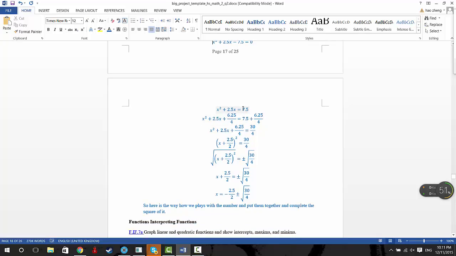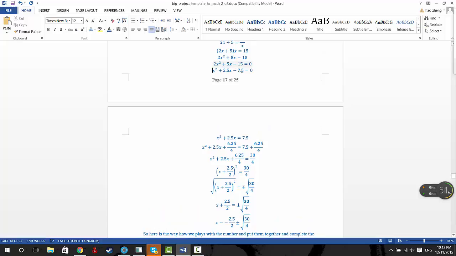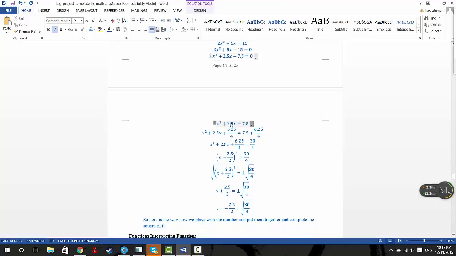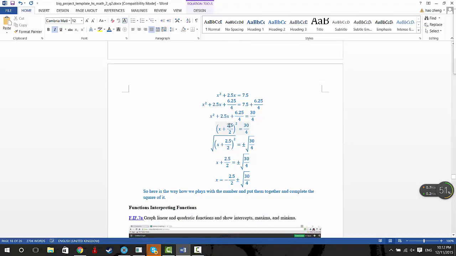So we move this thing to another side, and get 2.5 over 2 squared, to the power of 2. We'll get this and add it on both sides, and then we want to get rid of the 7.5, which is 7.5 times 4 and add it to the 6.25, and it will be this, as you can see here.